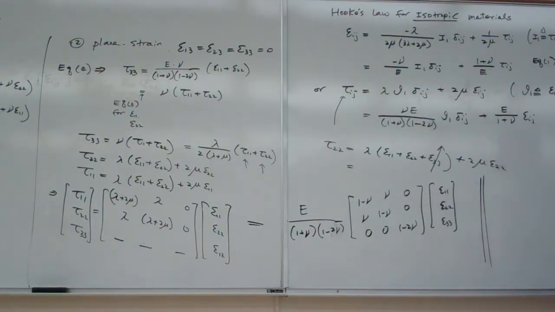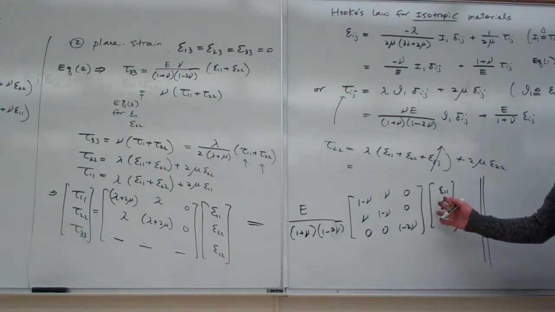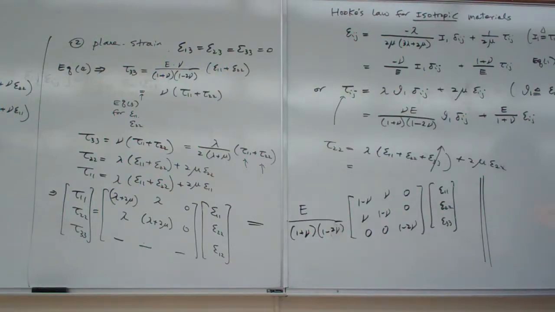Again, on the other side, we can also have strain compared to stress. So comparing strain to stress, epsilon 11 equals 1 plus mu over E. There's a long writing here.